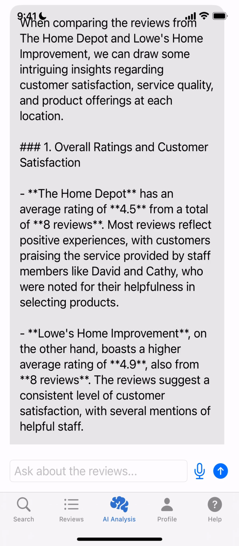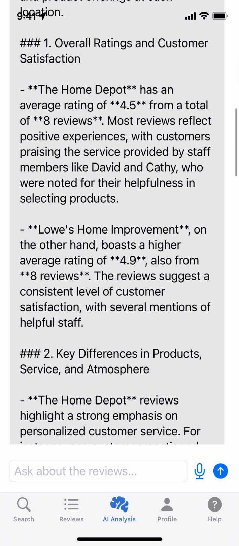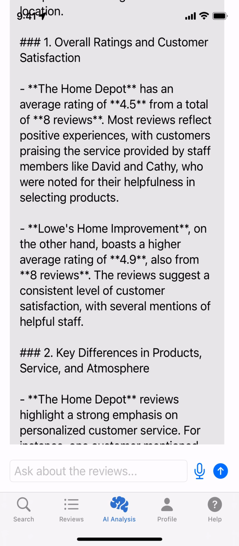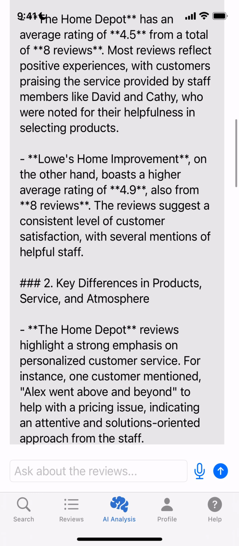Most reviews reflect positive experiences, with customers praising the service provided by staff members. So Lowe's Home Improvement, on the other hand, boasts a higher average rating of 4.9, also from 8 reviews. The reviews suggest a consistent level of customer satisfaction and several mentions of helpful staff.